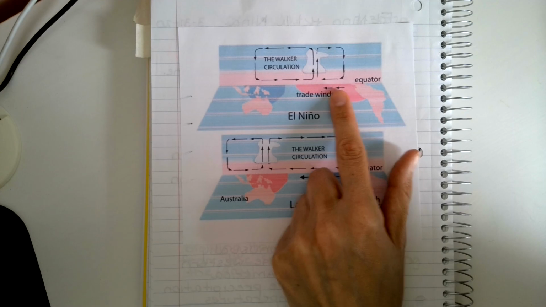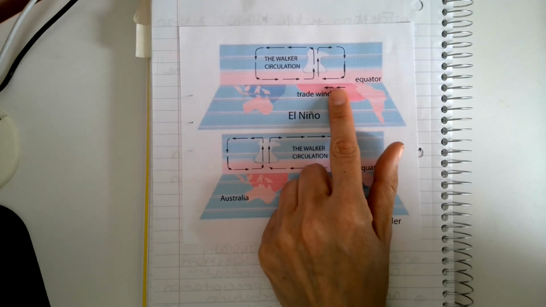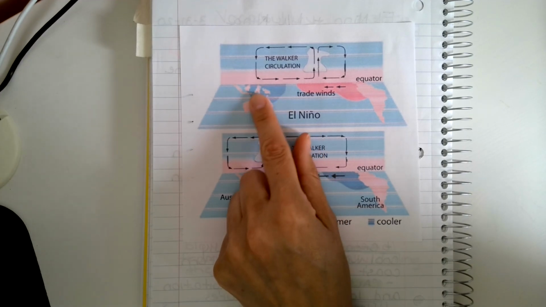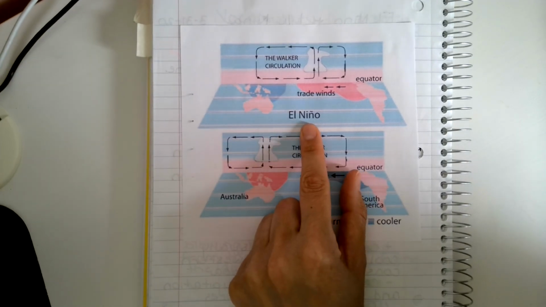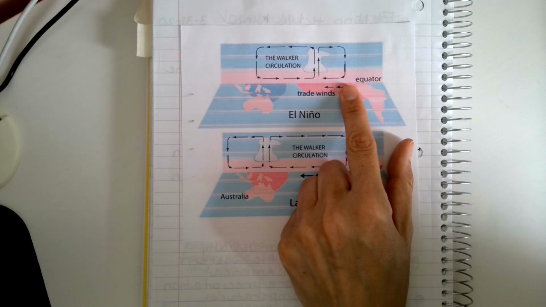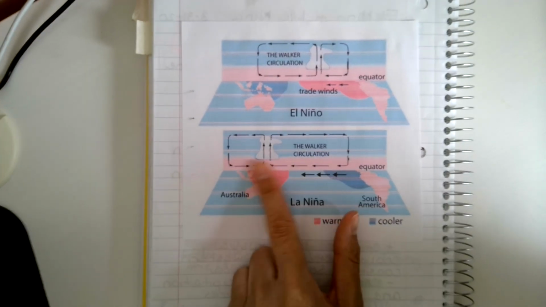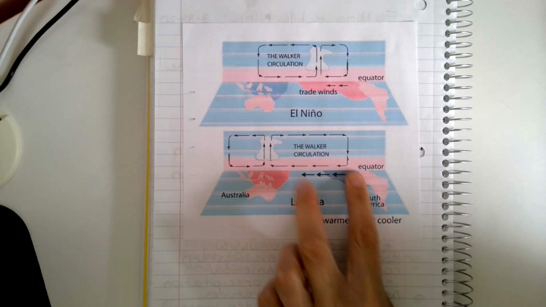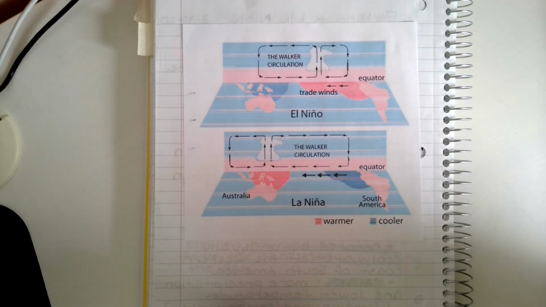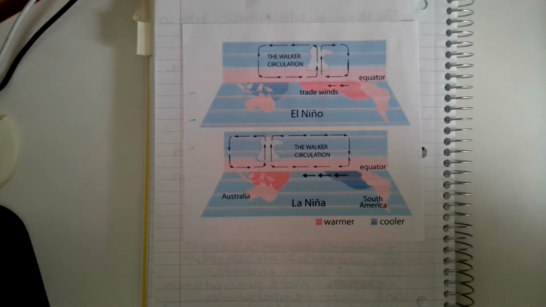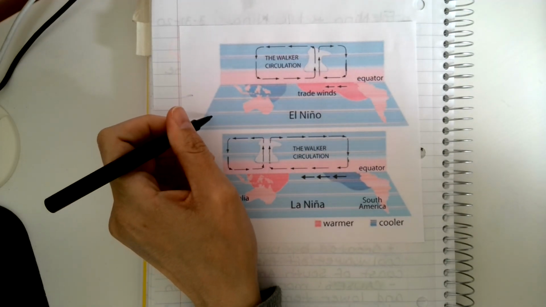So when the trade winds are blowing the warmer water this way, it's making the Australia area colder. So El Nino makes them colder and makes us warmer. And then when they have La Nina, they get the warm and we get the cold. So it flip-flops. And not every year is El Nino or La Nina. Sometimes we don't have either one of them.